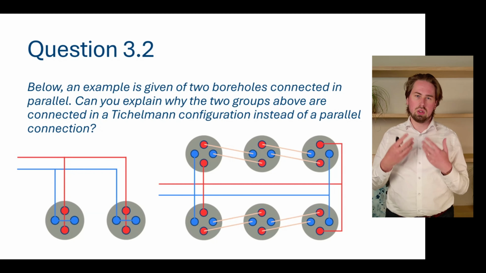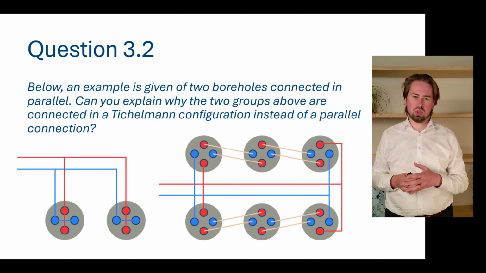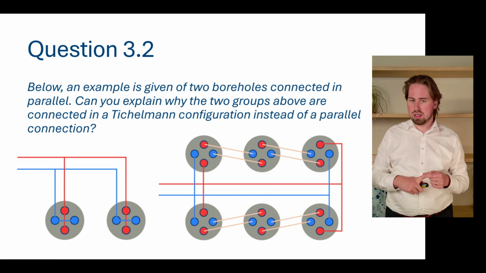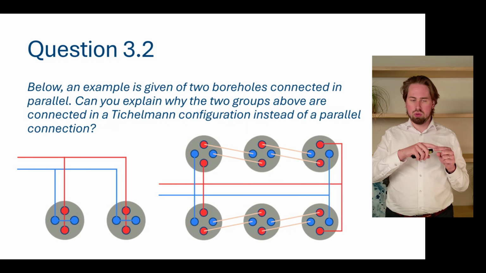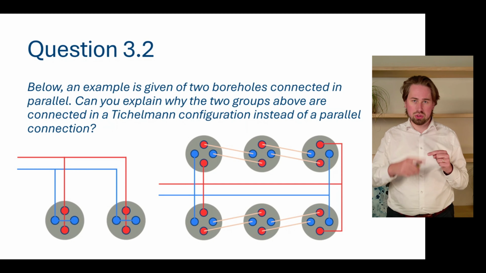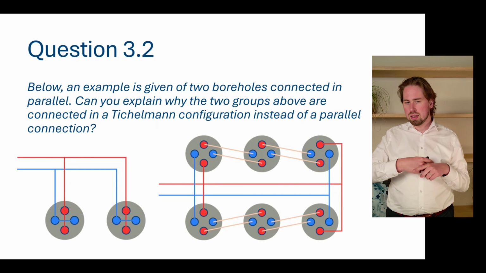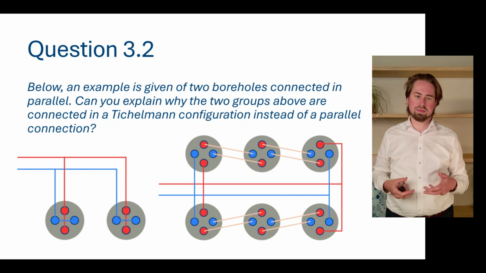So the fluid has no preferential borehole to pass through to get a lower pressure drop. In a plain parallel connection, this is the case. So what you see here on the left is that the hydraulic path through the first borehole is actually shorter, and you have a shorter way to the borehole and a shorter way back. So this borehole will have a lower pressure drop and hence more flow rate.